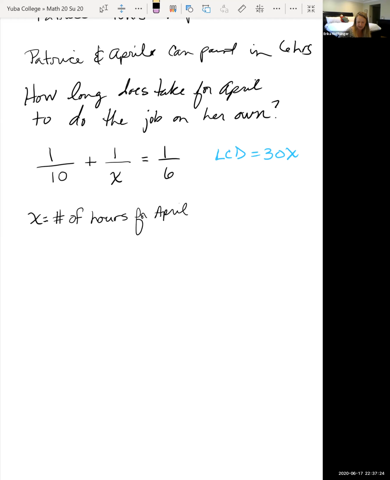So technically, we multiply each term on each side of the equation by 30x, and our fractions would go away by canceling and reducing. So we have 30x over 10 is just 3x, plus 30x over x, that gives us 30, equals 30x over 6, that gives 5x.